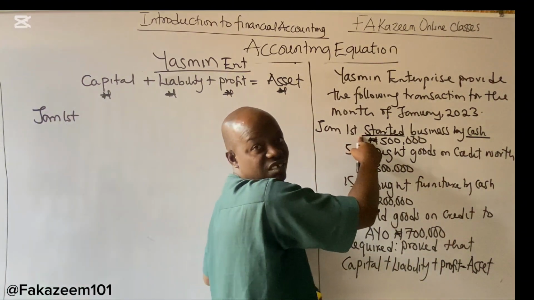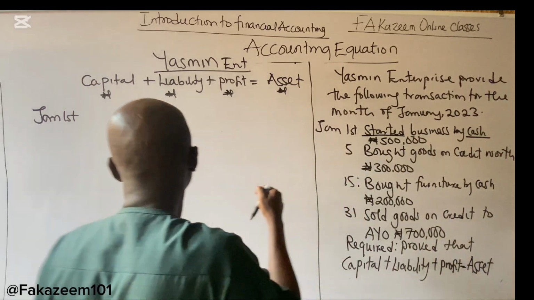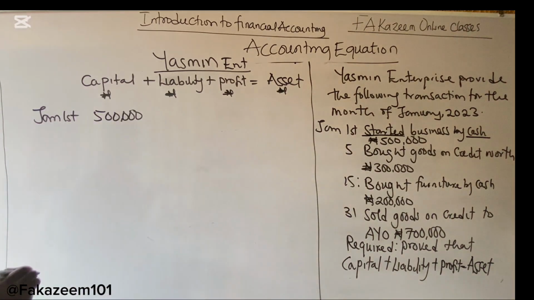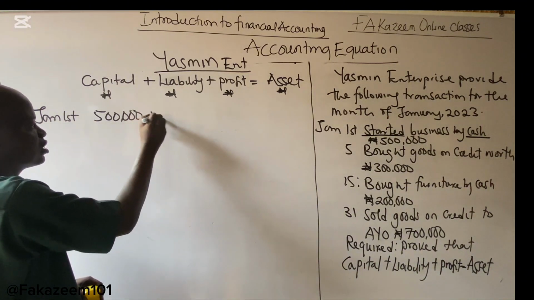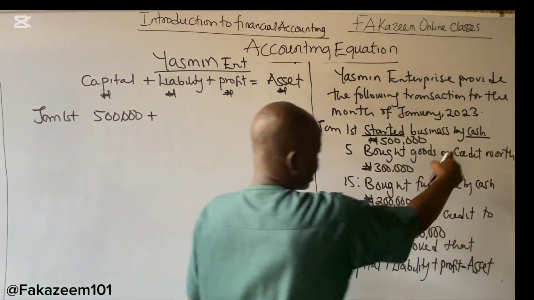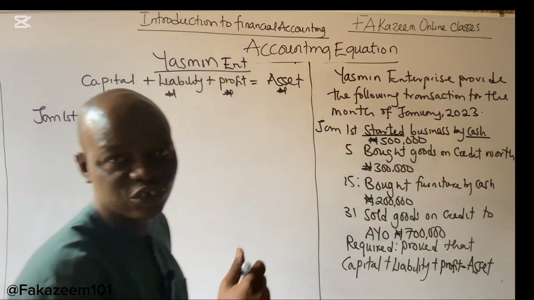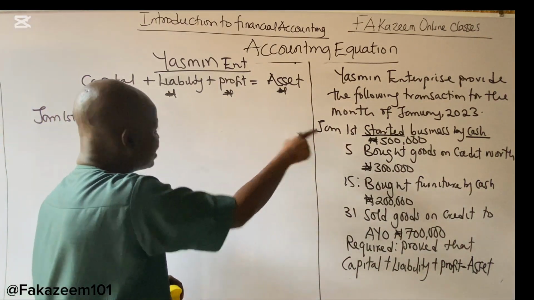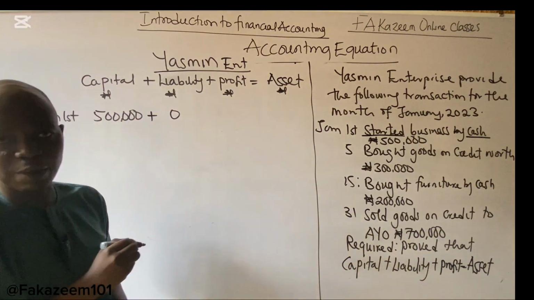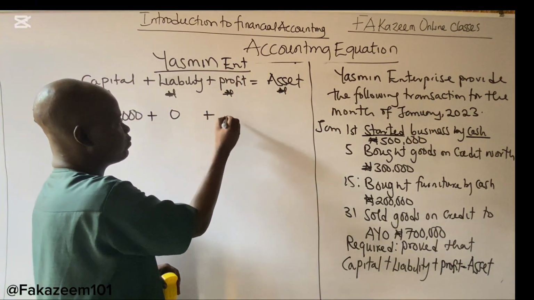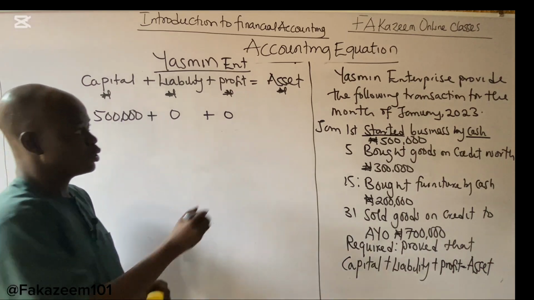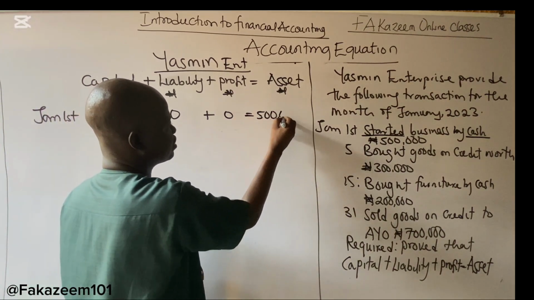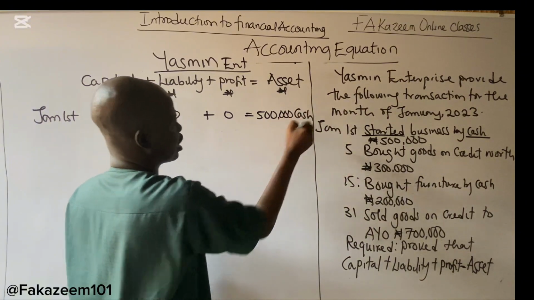Started in accounting means capital, meaning the 500,000 there stands for capital. What did they start with? They started with cash. Cash is a classification of current assets. In that case, on January 1st, we don't have liability and we don't have profit, but we have 500,000 cash.